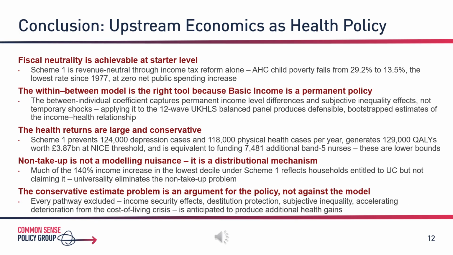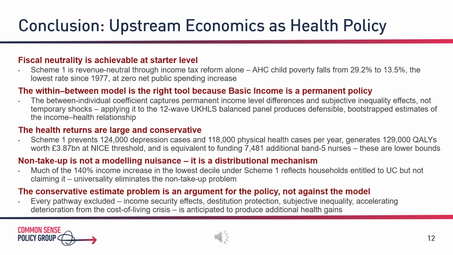The title of this conclusion, Upstream Economics as Health Policy, captures the lecture's most important intellectual move. We began with basic income as a fiscal reform, a revenue-neutral restructuring of the direct tax and benefit system.